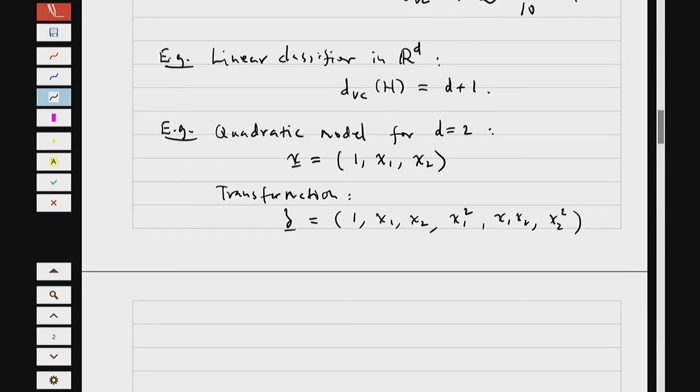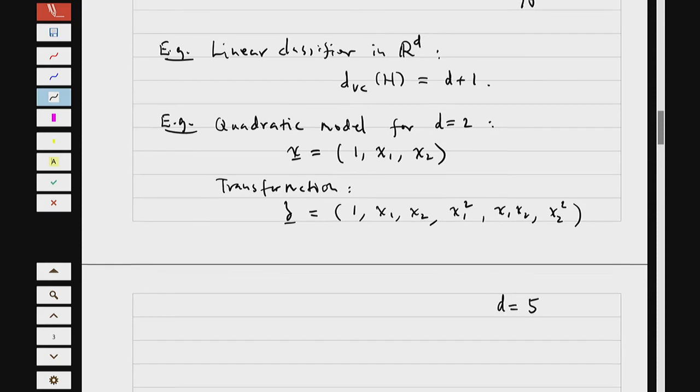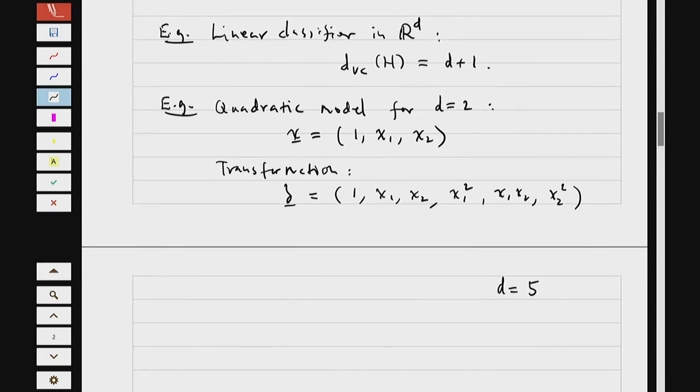And then we do linear classification over this z space. Now, the z space, what is the dimension now? d equals 5, of course, right? So when you do linear classification in a fixed 5-dimensional space, what is the VC dimension?